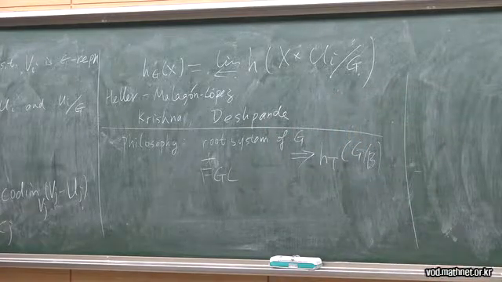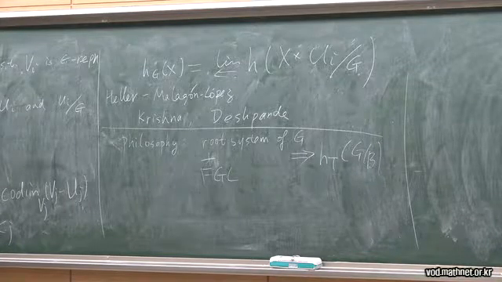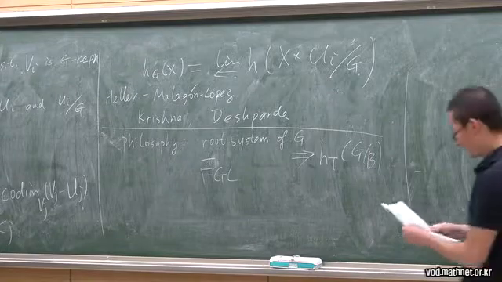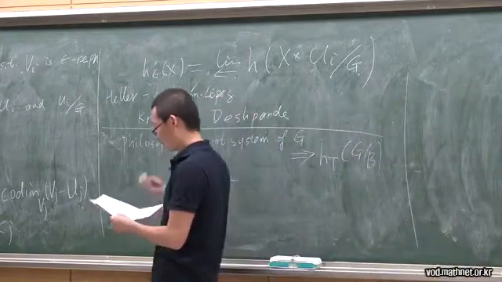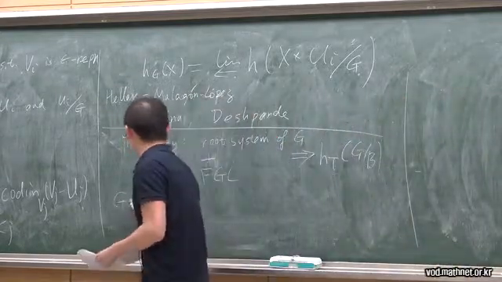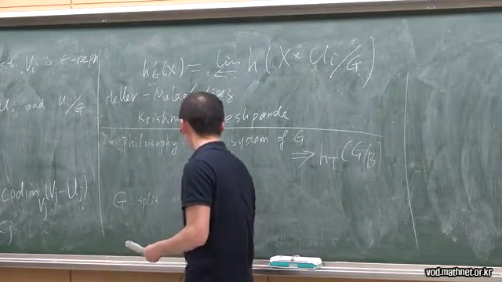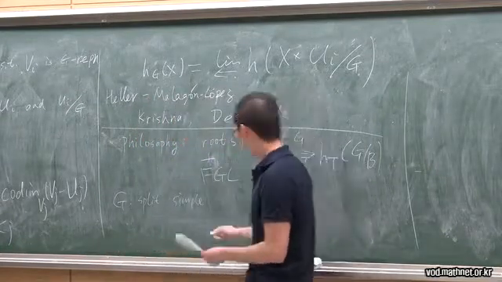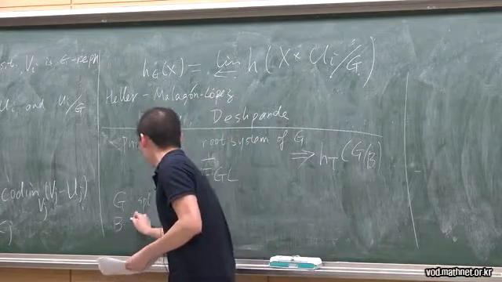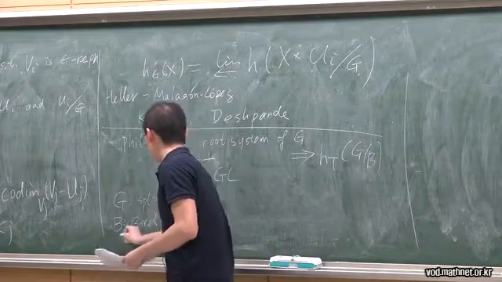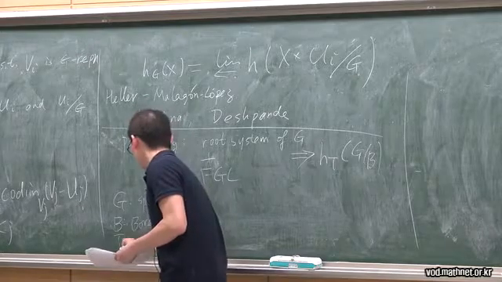Okay, so now I want to start the introduction of this machinery, but before that, let me fix some notations. So G is a split simple linear algebraic group, and P is a parabolic group. T is a torus.